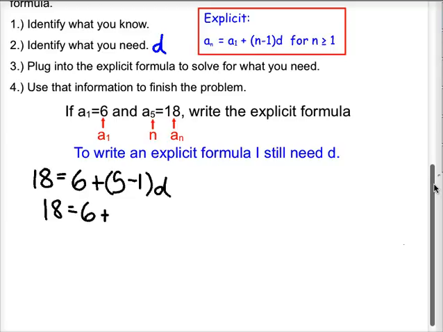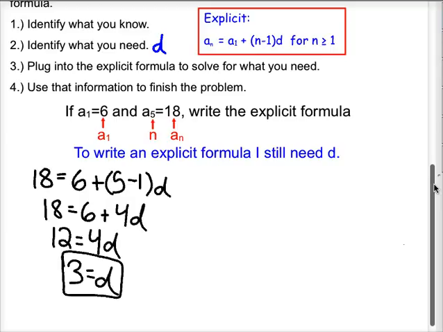So 5 minus 1 gives me 4, so I have 4d. I'm going to subtract 6 from both sides. And now divide by 4 to get 3. So now I know that d is equal to 3.